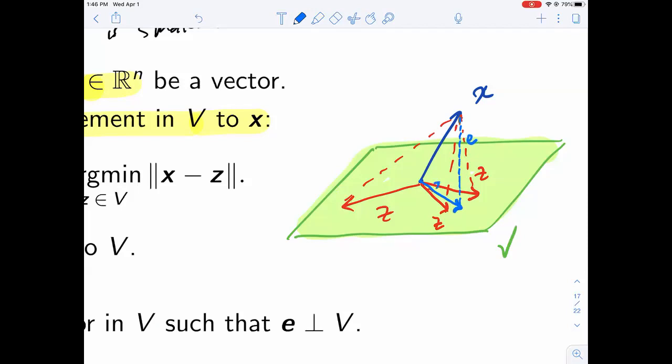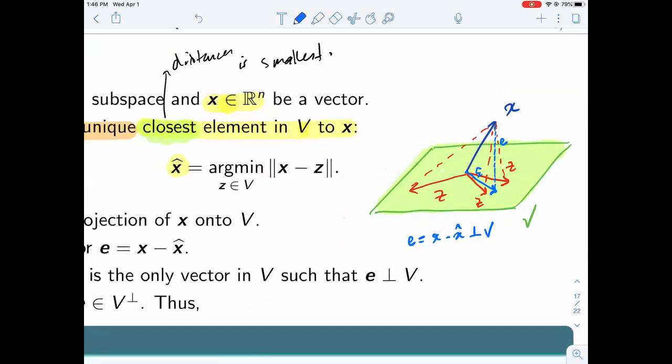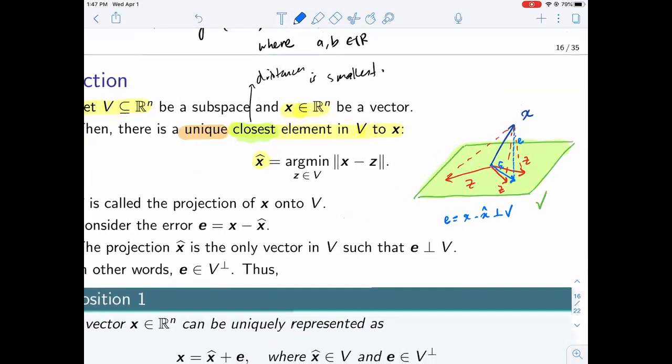So that's going to be x hat, and x minus x hat, we're going to call it E. This is going to be orthogonal to V. That's the geometric intuition. So the vector that minimizes this distance has the property that the residual, or the difference, is orthogonal to V. Okay, so that's the basic idea behind projection.